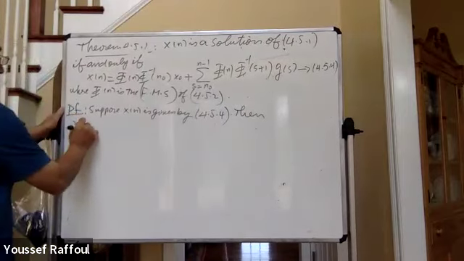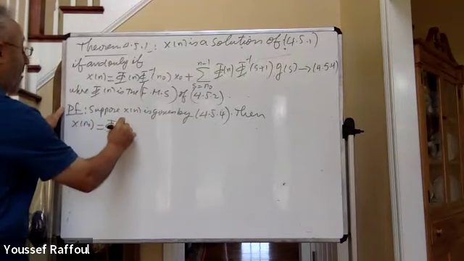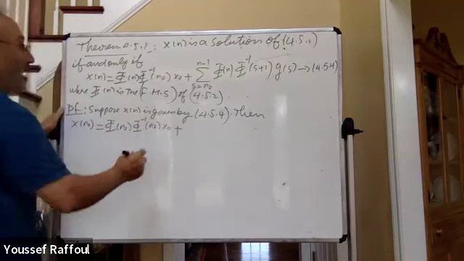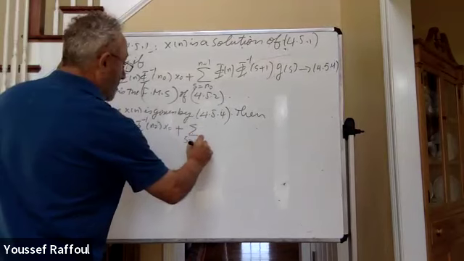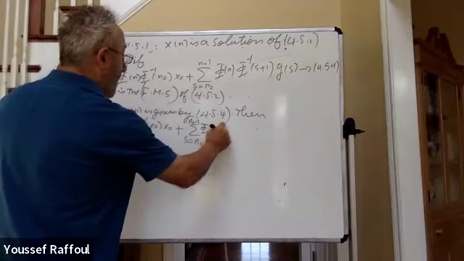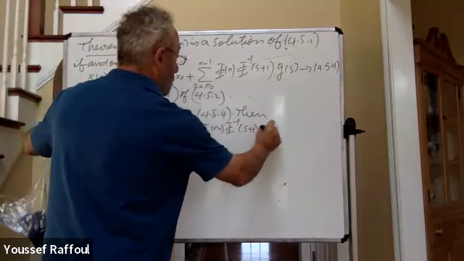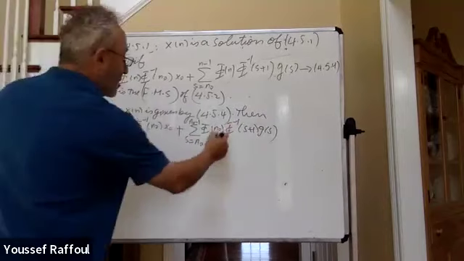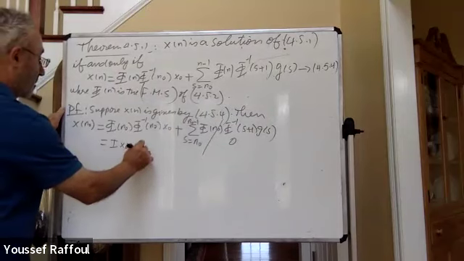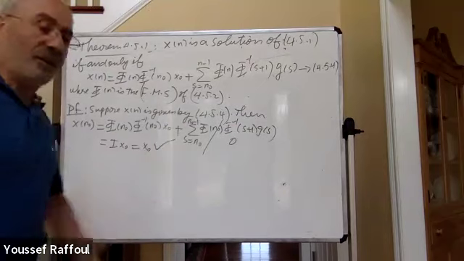Then x of n naught equal phi of n naught, phi inverse of n naught, x naught, plus the sum for s equal n naught to n naught minus 1 of phi of n naught, phi inverse of s plus 1 g of s. This is 0. Can anybody tell me why it is 0?